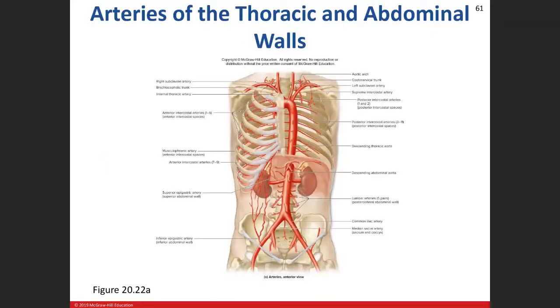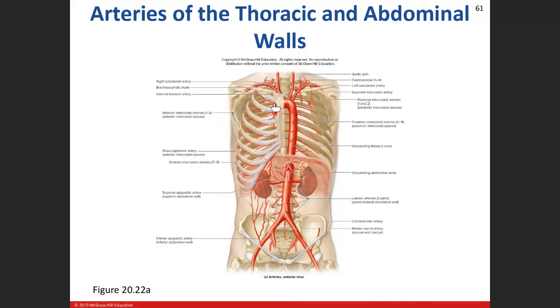Where are you? Here we go. Okay, so here's the subclavian artery, and it gives off the internal thoracic artery, and it travels down. Is the door locked? Okay, so you can see it better on this side here.